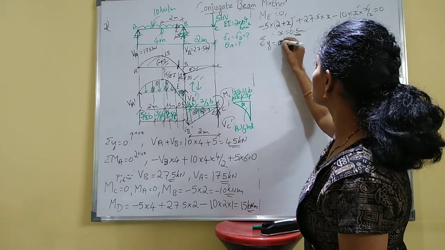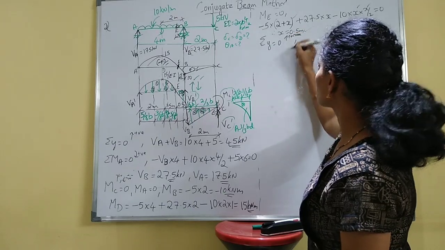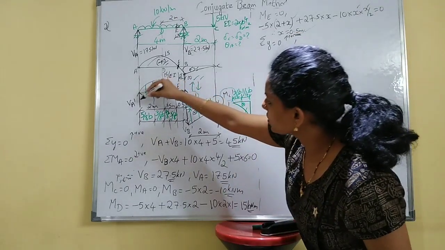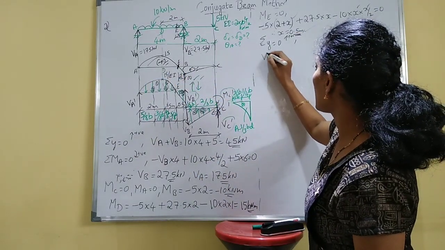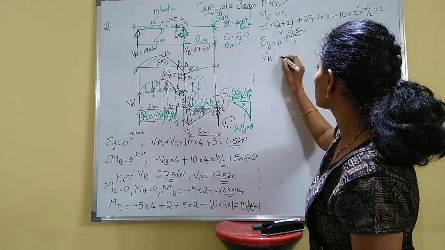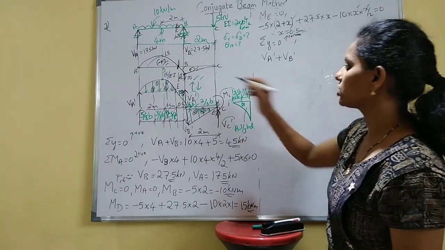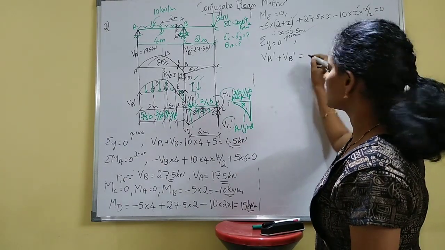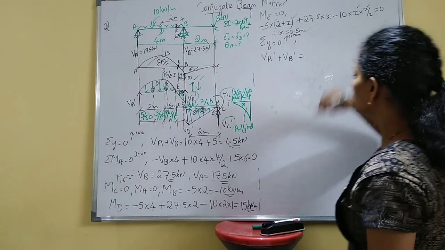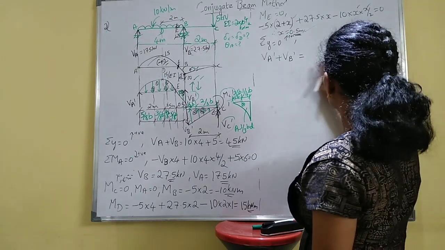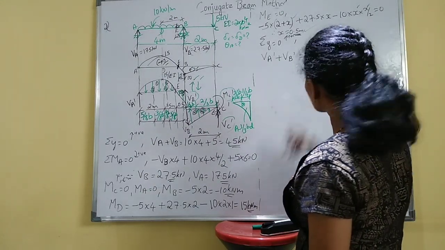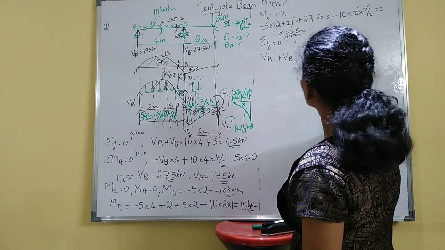So summation y is equal to 0, upward as positive. So consider only this diagram. You have VA dash plus VB dash. Okay, both are upward I have considered, which is equal to, this is downward, so I have written equal sign, so it is plus.